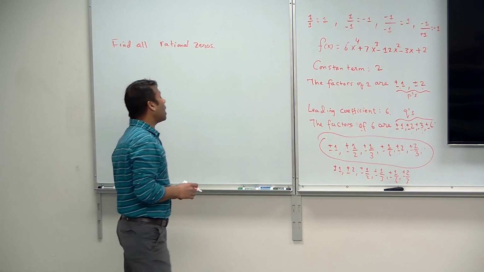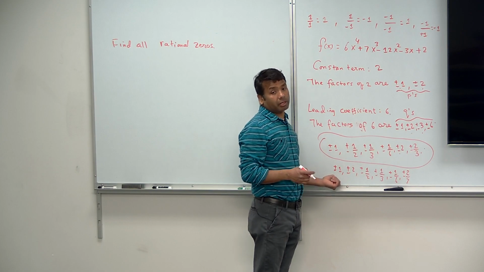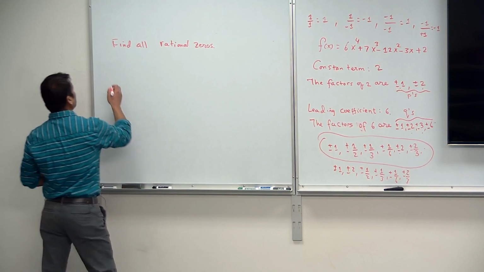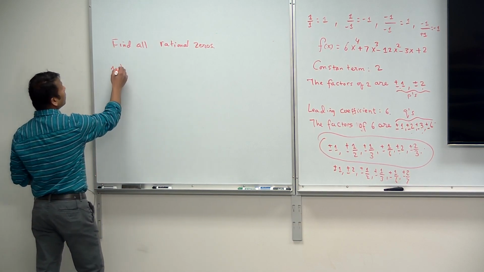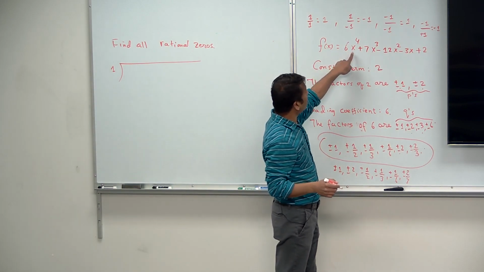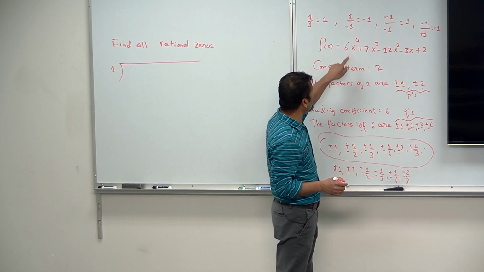Okay? So now first let's check whether 1 is a rational zero. You pick the value of k as 1 and use synthetic division. So you know how to use synthetic division, right?